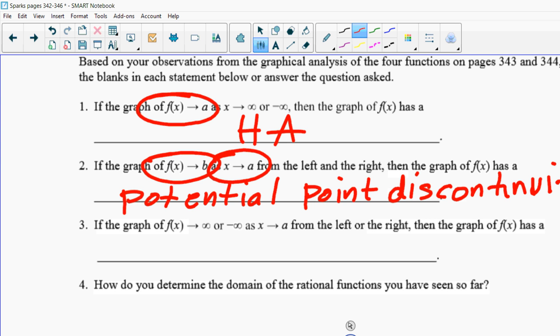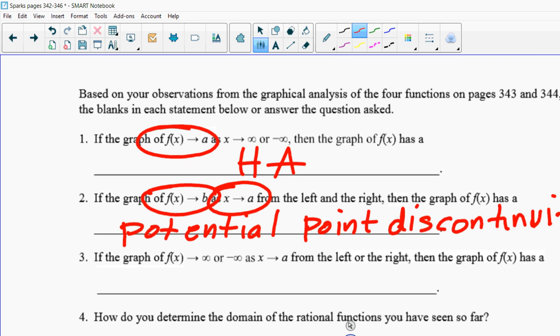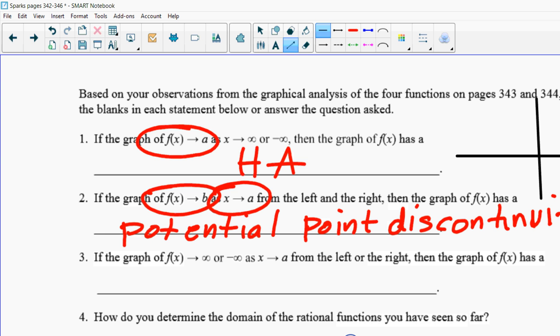Why do I say potential? Look at this. As x is approaching, let's just call that 2, as x approaches 2 from the left and from the right, my y value is approaching that.